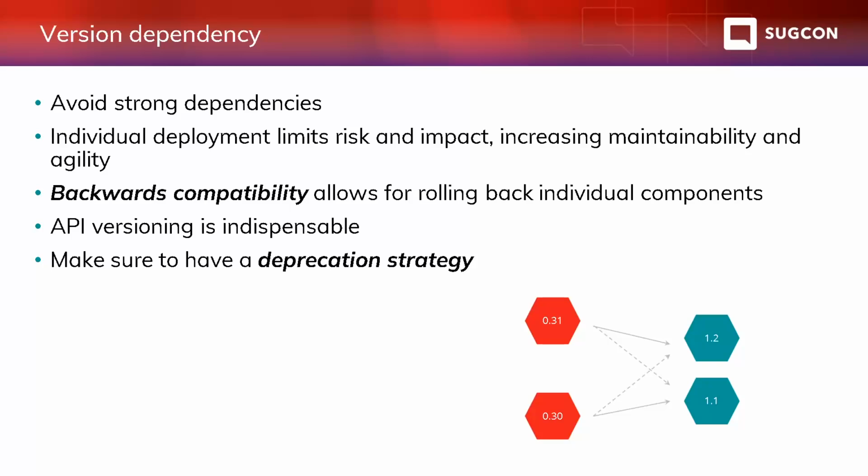So you should have a certain frame in versions where every single component is able to communicate with all the other versions of all the other components. And that is why API versioning is indispensable, and you have to have a deprecation strategy to know what versions of which component is working with which version.